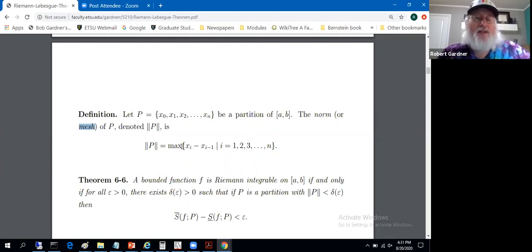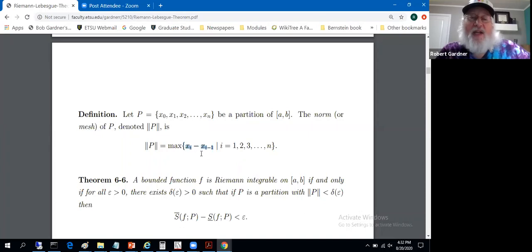I can say maximum and not sup, right? Right, there's only a finite number of them. Partitions are finite partitions by definition. So the norm of a partition is the size of the largest subinterval determined by that partition. And if you'll think back to calculus 1, having big bases to rectangles, that usually leads to bad approximations.